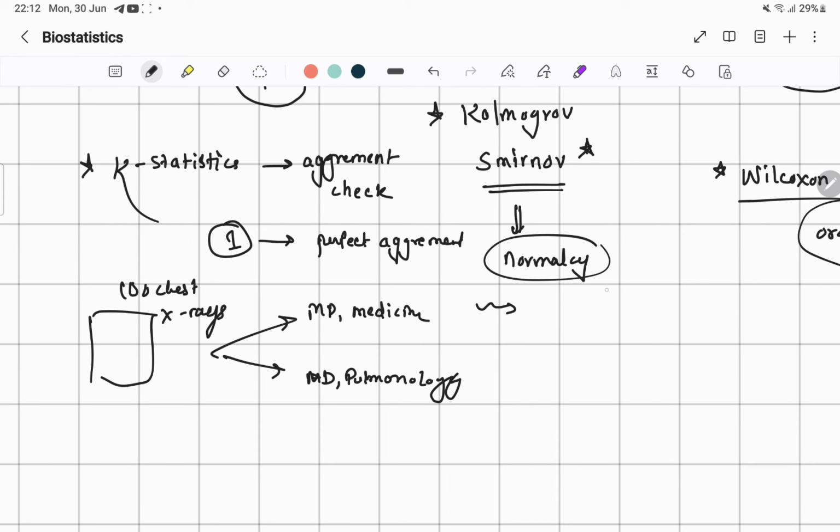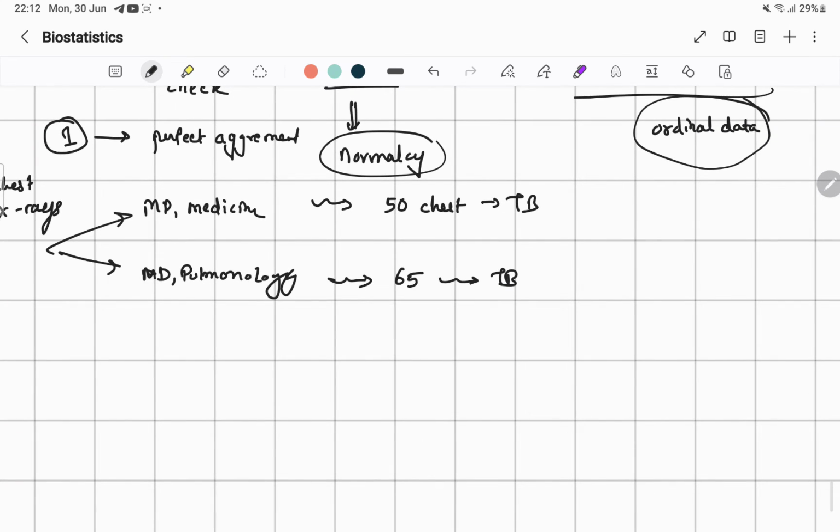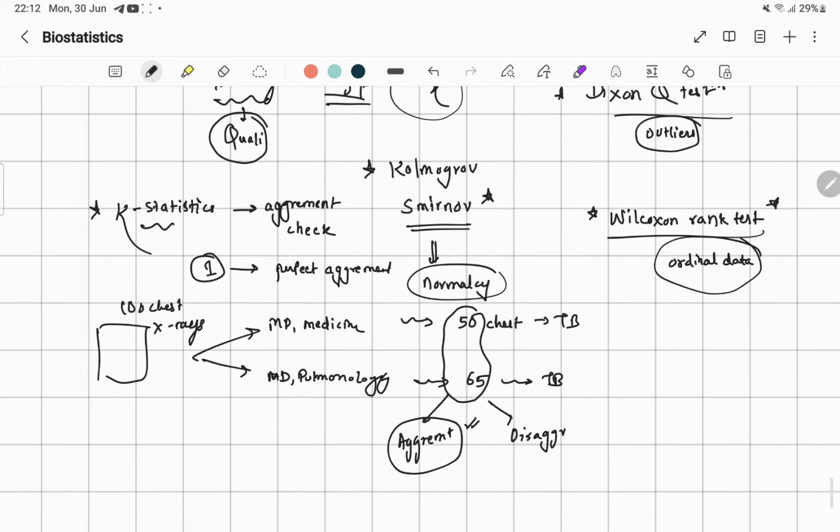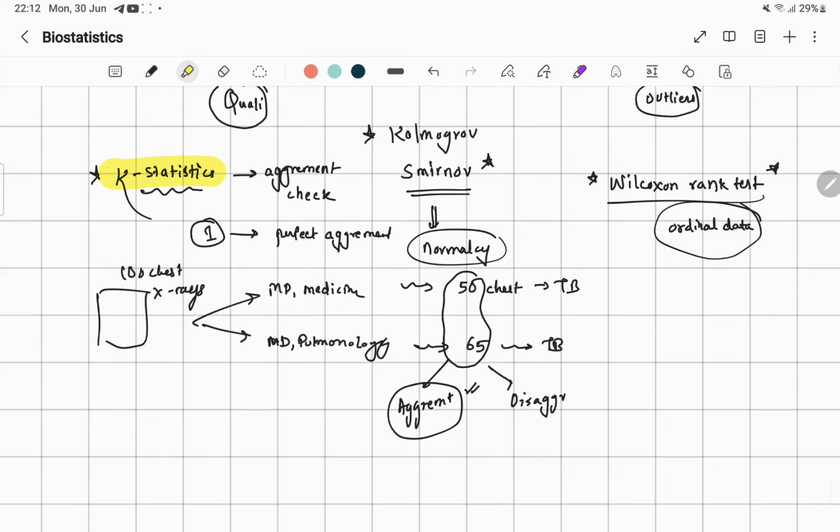MD medicine says that 50 chest x-rays are TB. MD pulmonology states that 65 are TB. So what do you think? There is agreement in some x-rays and disagreement in others between these two. Measurement of this agreement is done by kappa statistics. This is an advanced concept.